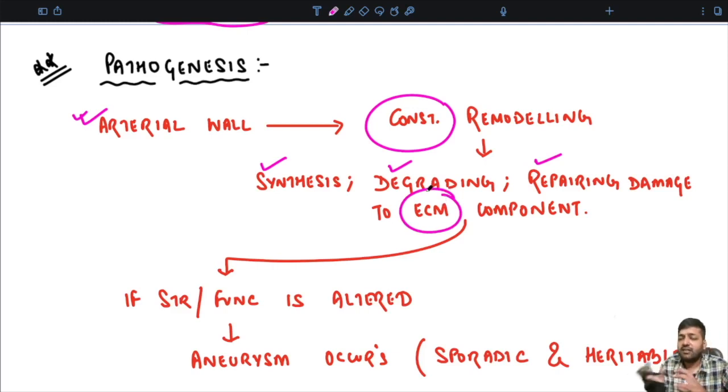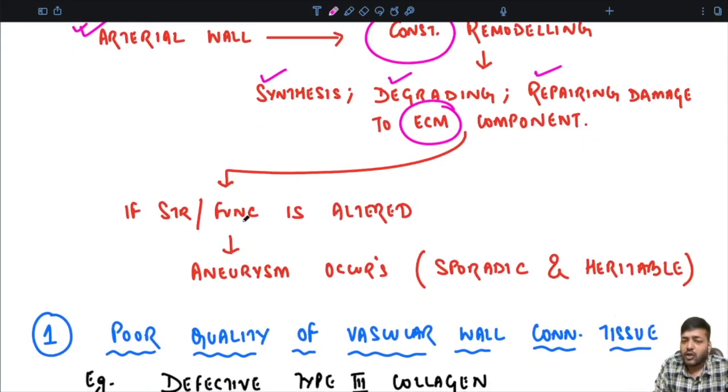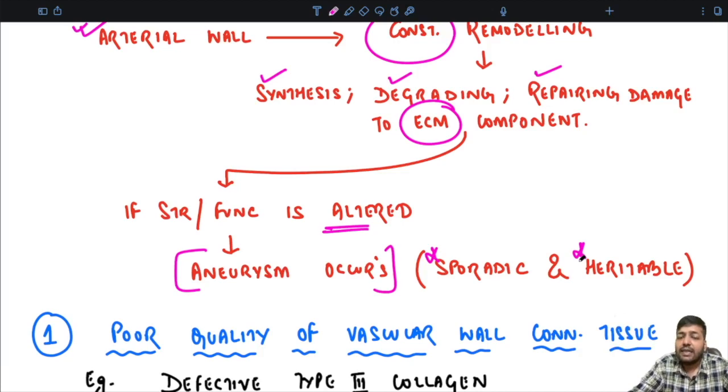If the structure and function of the extracellular matrix is altered, it can lead to aneurysms, and aneurysms can either be sporadic or heritable. I will discuss all the conditions. First, let us try to understand the basic pathogenesis.